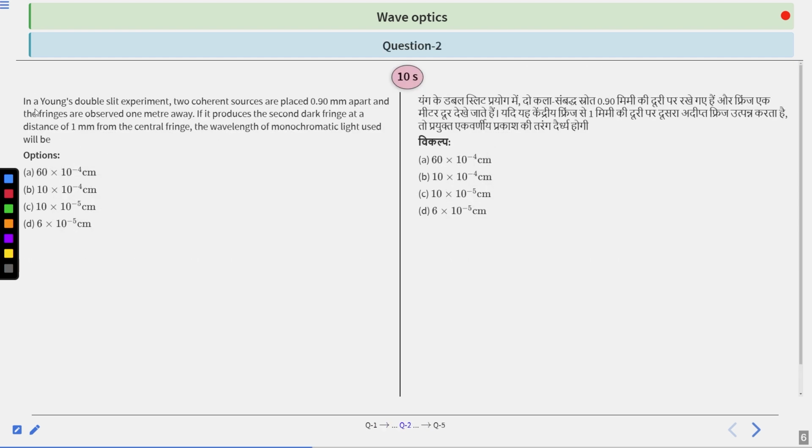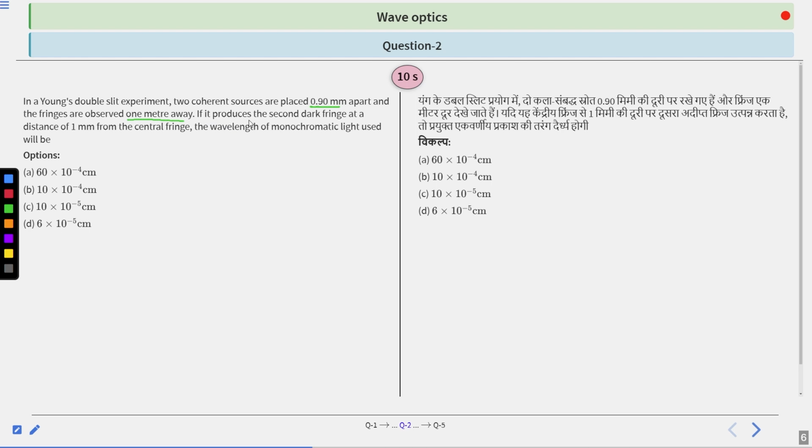Next question. In a Young's double slit experiment, two coherent sources are placed 0.90 mm apart. This is the distance between the two coherent sources, and the fringes are observed 1 meter away.